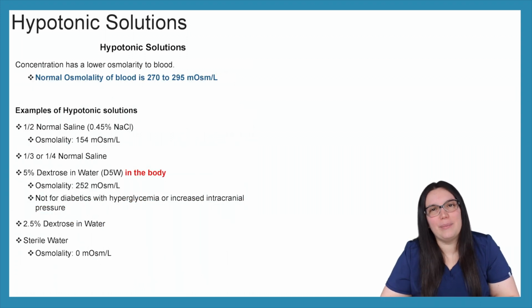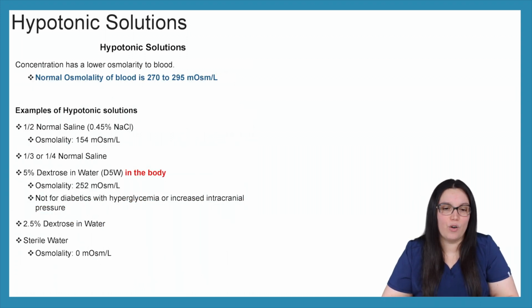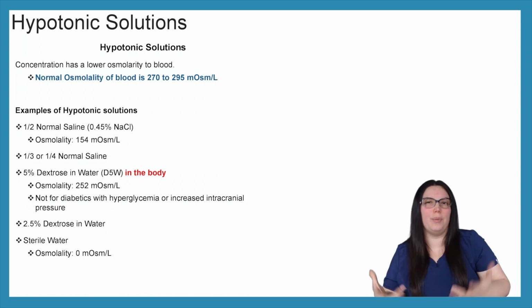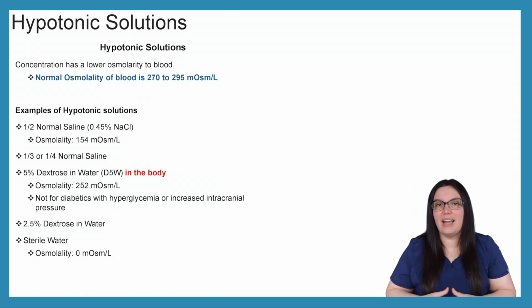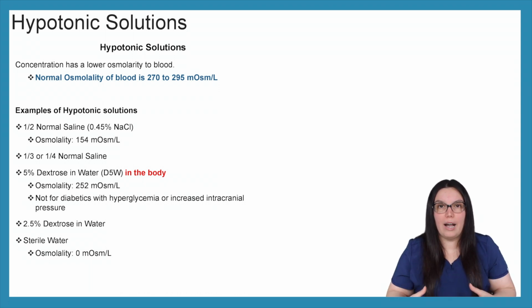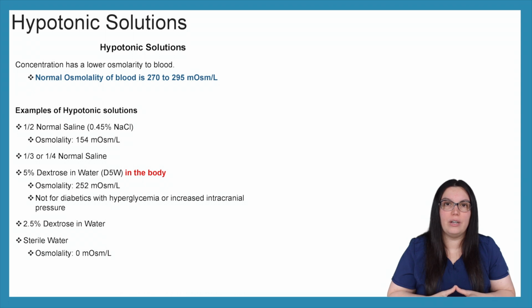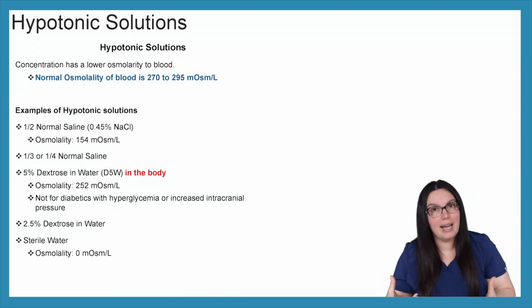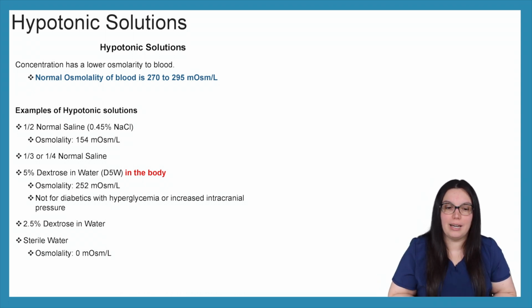Examples of hypotonic solutions include half normal saline. It has an osmolality of 154. We also have 1/3 or 1/4 normal saline. We have 5% dextrose in water when it's inside the body. If you haven't reviewed my isotonic solution video, I highly recommend that you watch it because we go into further discussion about why D5W is isotonic inside the bag and hypotonic in the body.